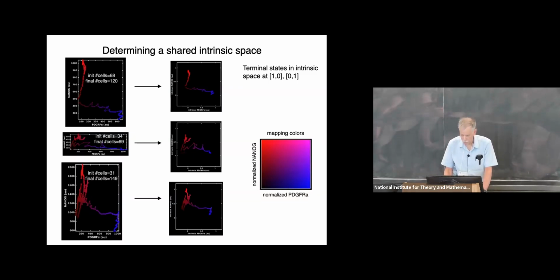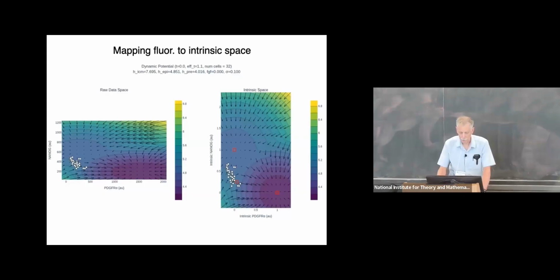So embryo by embryo, you could fiddle the fluorescence mapping and the initial time, but then you have to map into an invariant space. This is an example of, on the left, the fluorescence space, and on the right, the intrinsic space with the mappings between them, which are invertible and one-to-one.